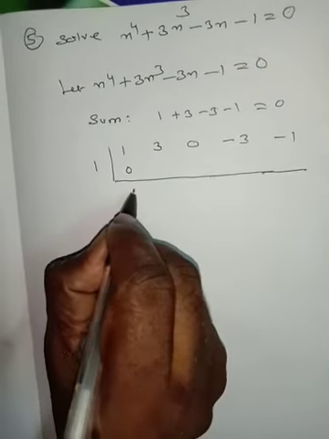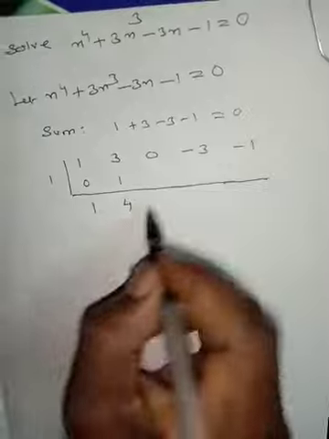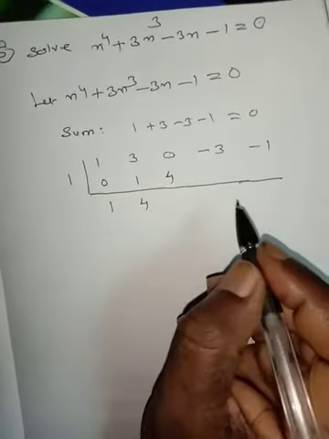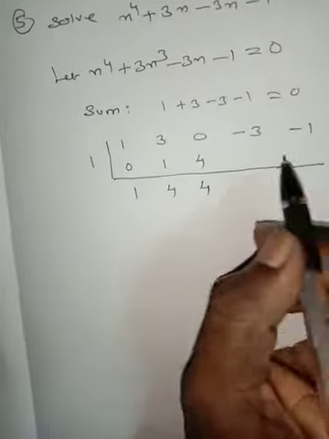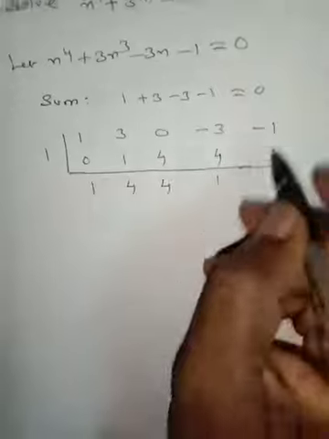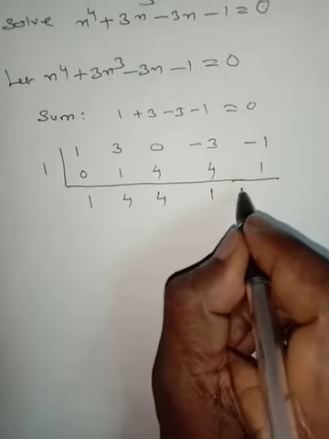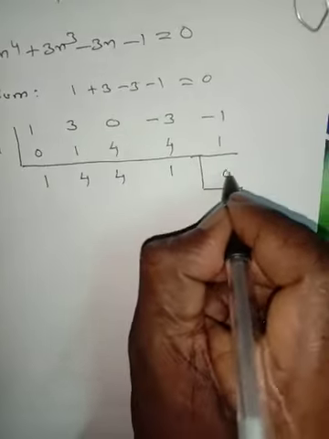Adding, we get 1, product gives 1, 4. Next, 1 into 4 is 4. Adding 4. Next, 1 into 4 is 4. Adding this to 1, product gives positive 1. Adding, we get 0.